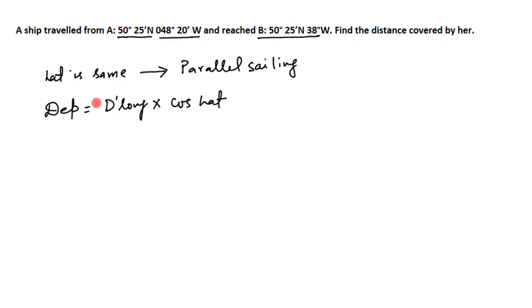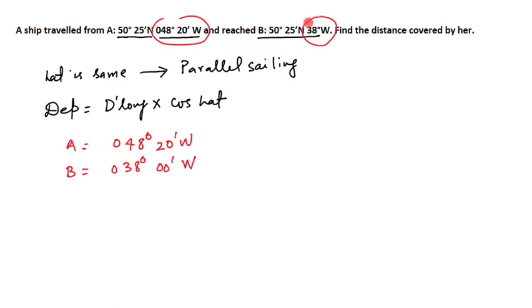Well, this is for place A. The longitude is 048 degree 20 minute west, and for B it is 038 degree, and I can write here 00 minute west. So from here 048 to 038.